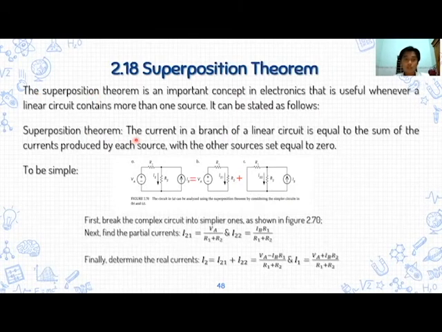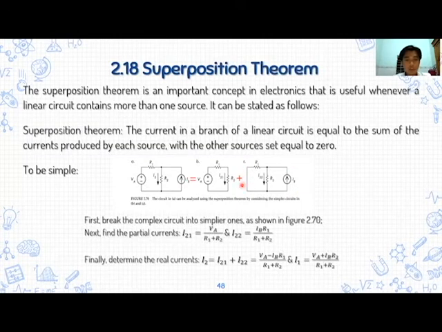Okay, the superposition theorem says that the current in a branch of linear circuit is equal to the sum of the current produced by each source, while the other sources are set equal to 0. The voltage source of the other is 0, which is this circuit.